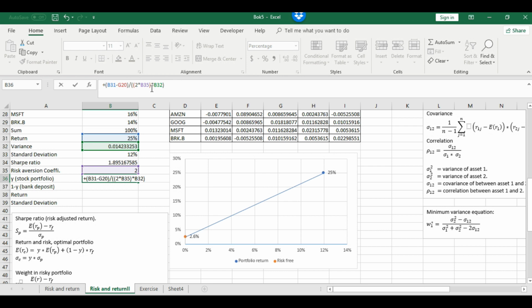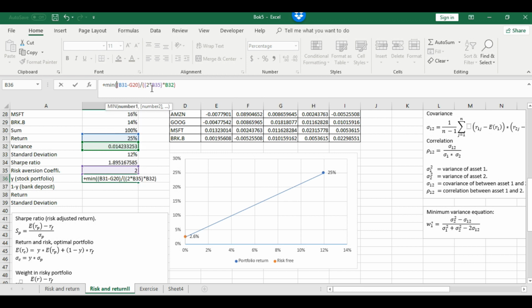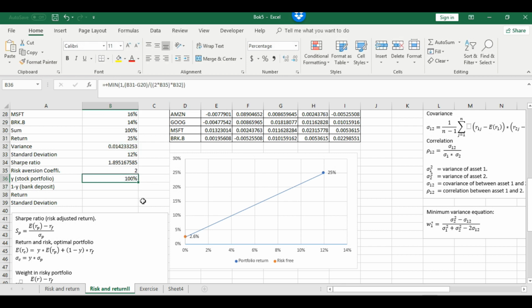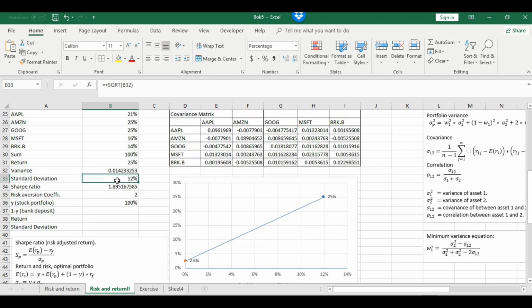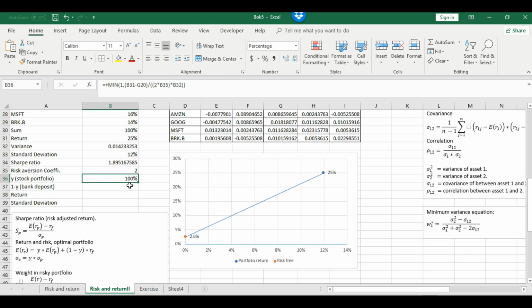Also, we set a constraint so that the proportion doesn't go over 100%. There. With the risk and return of 12% standard deviation and 25% expected return, this gives us 100% of the capital that should be allocated to the risky portfolio, and 0 to bank deposit.